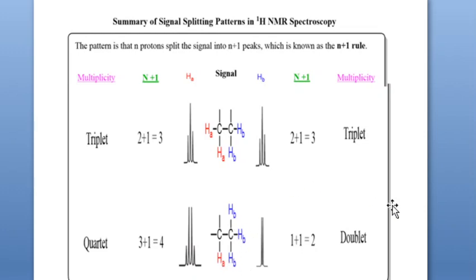Got it? So that's how you calculate the multiplicity in the case of hydrogens. The pattern is based on n protons: n adjacent protons split the signal into n plus 1 peaks, which is known as the n plus 1 rule.